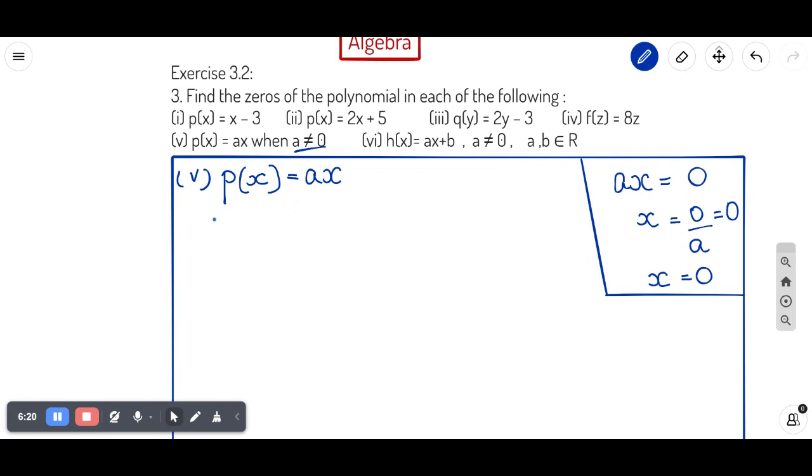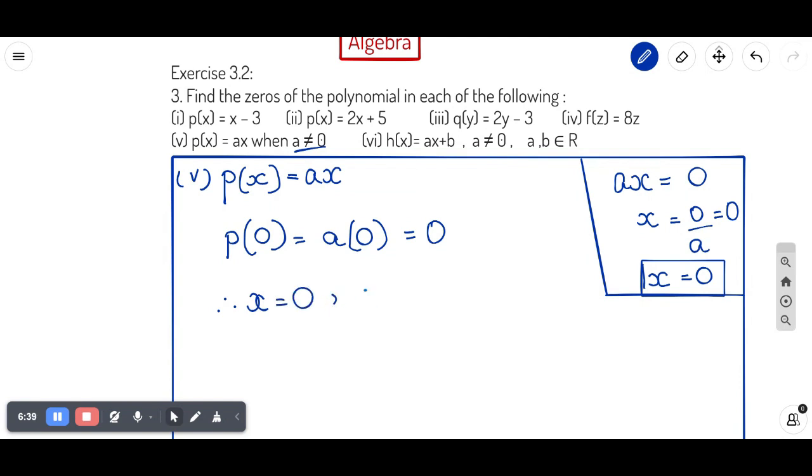So let us try substituting that, p of 0, which means whatever value you have got here, apply it. So p of 0 is equal to a times 0, which is equal to your 0. So you have got 0, therefore x is equal to 0 is the 0 of the polynomial p of x is equal to ax. So hope you understood this question. Let's move on to the next one.